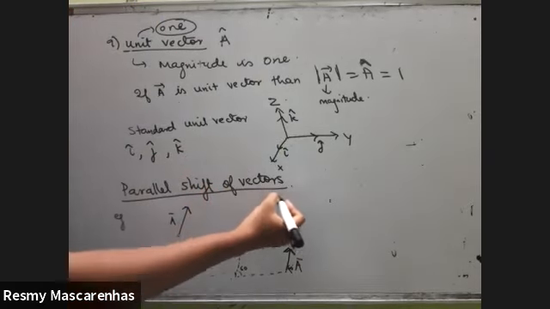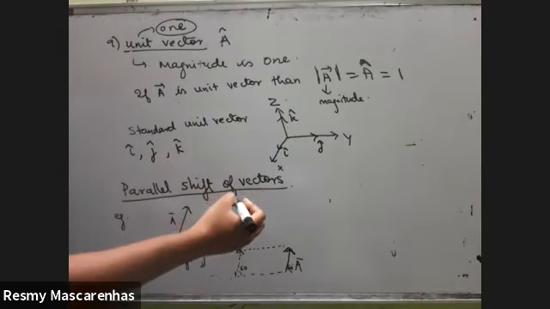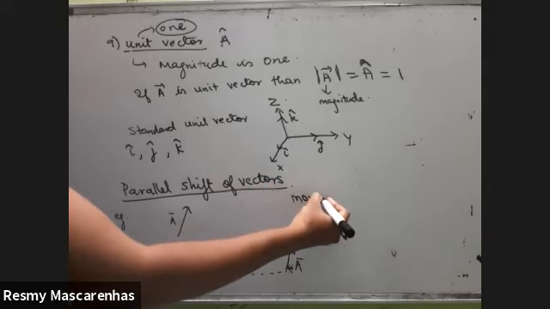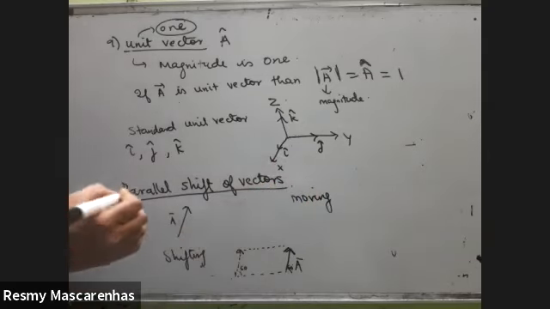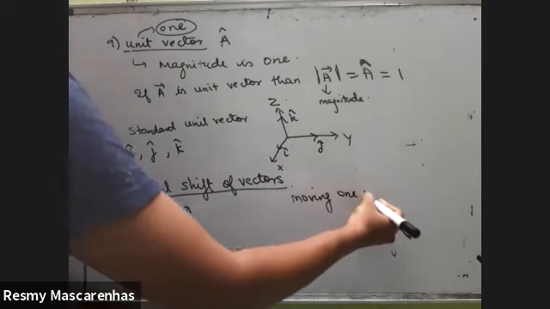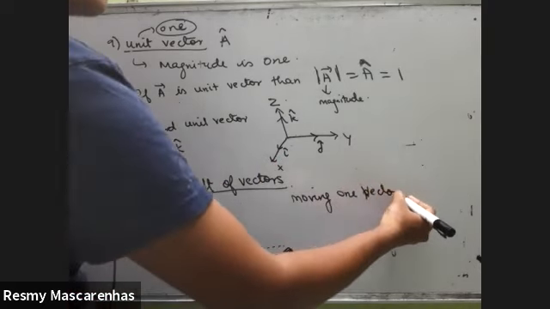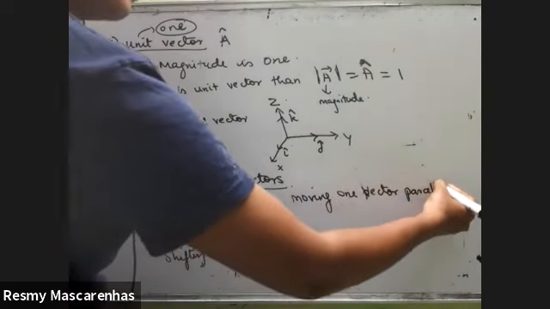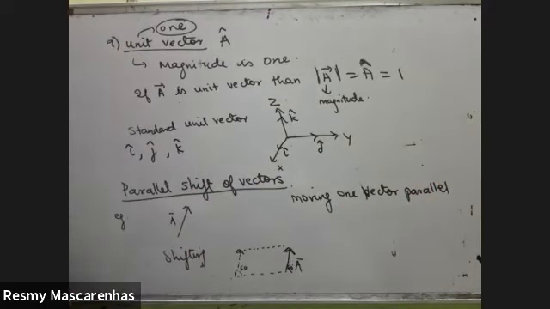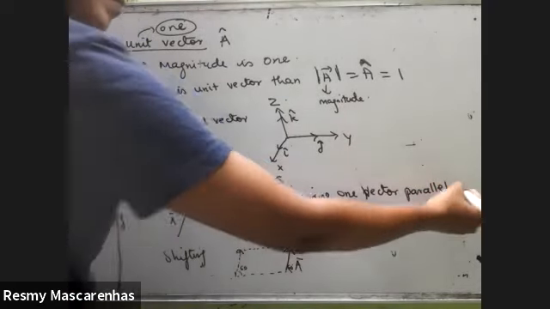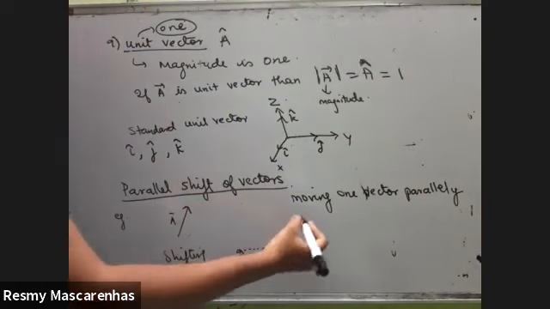So what is parallel shifting of vectors? Moving one vector parallelly to another place.